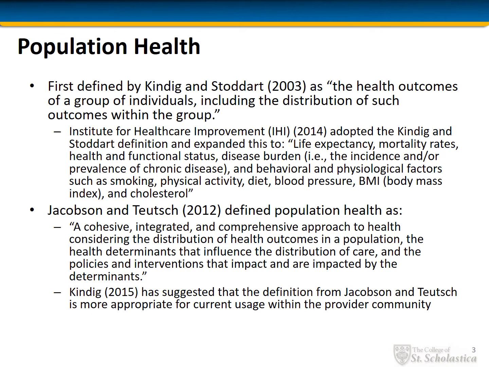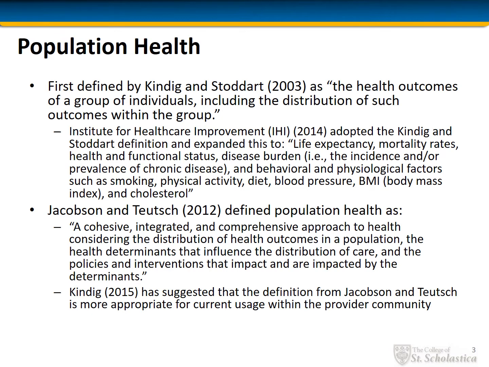This definition was later expanded by the Institute for Healthcare Improvement in 2014 to life expectancy, mortality rates, health and functional status, disease burden, that is the incidence and or prevalence of chronic disease, and behavioral and physiological factors such as smoking, physical activity, diet, blood pressure, body mass index, and cholesterol.